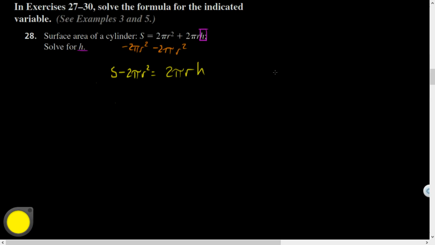So Amity, I've got that 2 pi r in front of the h. It's acting like a coefficient. I'm just pretending that r is some number. So is there a way I could get rid of all of that in one move? How could I? Yeah, division. I like it. Divide both sides, and everybody gets divided by 2 pi r.